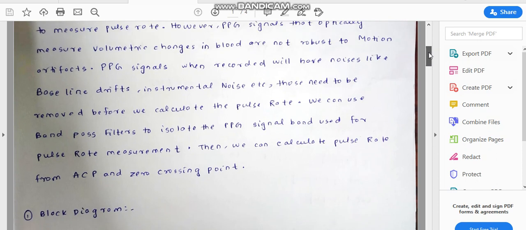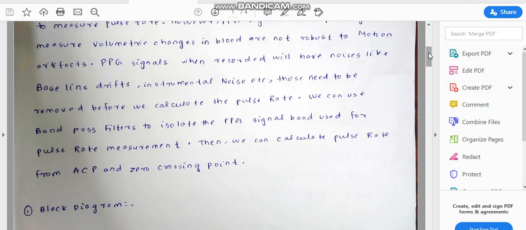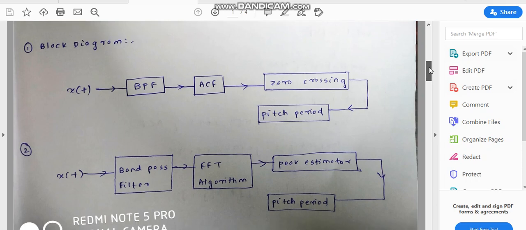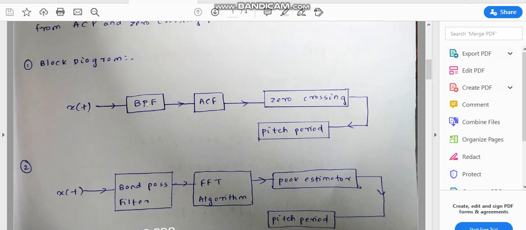So I thought of using a band pass filter to isolate the PPG signal band used for pulse rate measurement. Then we can calculate the pulse rate from the autocorrelation process and the zero crossing point. So this is the block diagram. It basically involves a band pass filter, and after the signal has been passed to the band pass filter, the autocorrelation function is used.